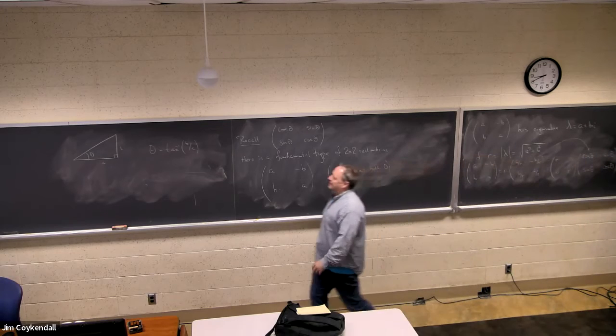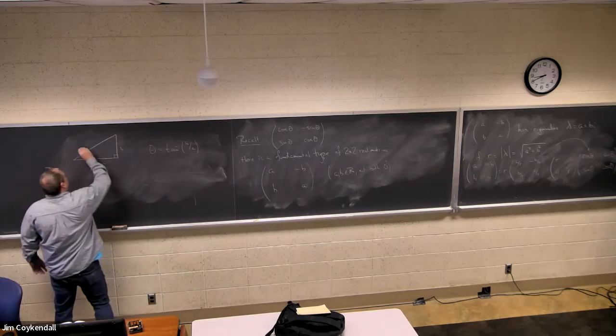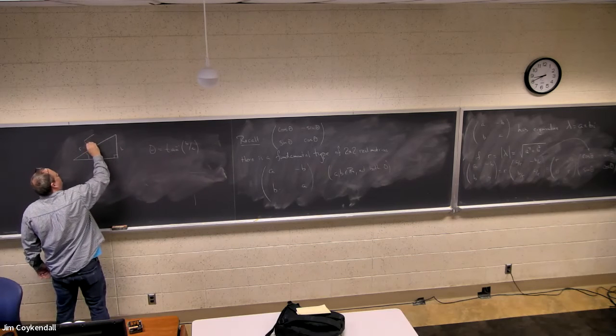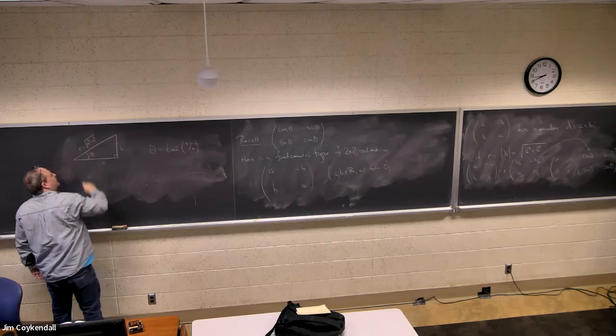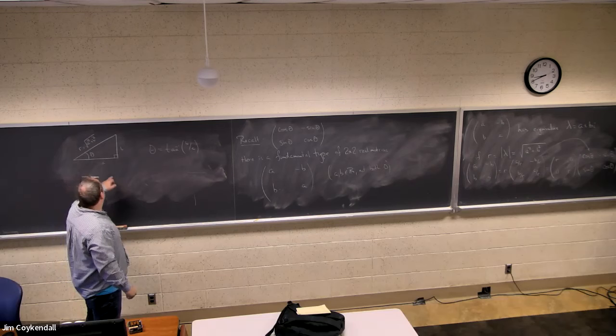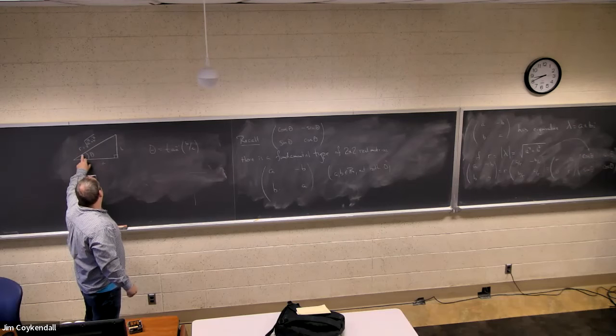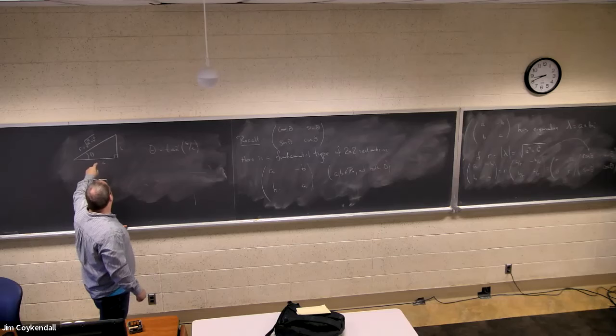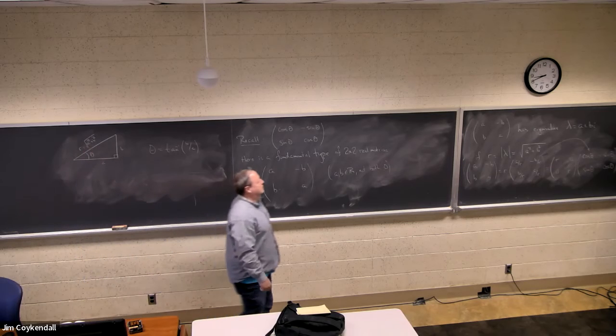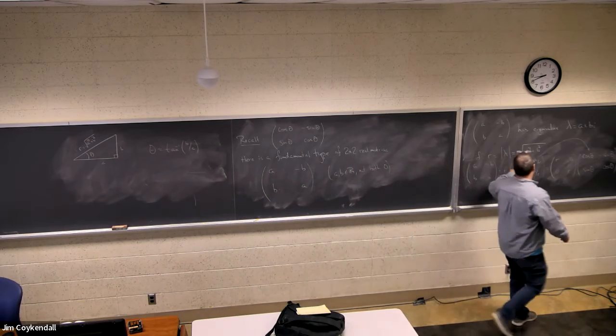Because here, the hypotenuse of this triangle is R, which is the square root of A squared plus B squared. So when I take the cosine of this angle, the cosine is A over R, which matches right here, A over R.